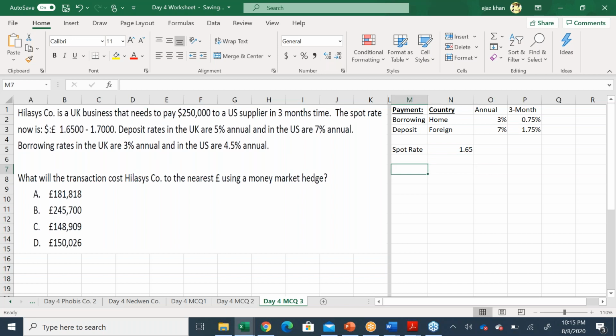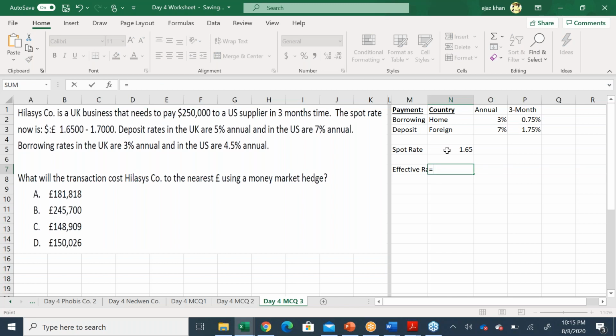Okay, now let's calculate the effective rate. Sometimes the question only asks for the effective rate, and then this will be the answer. So, spot rate: the spot rate is in dollars, so the dollar rate should be in the numerator, and the dollar is the foreign currency.